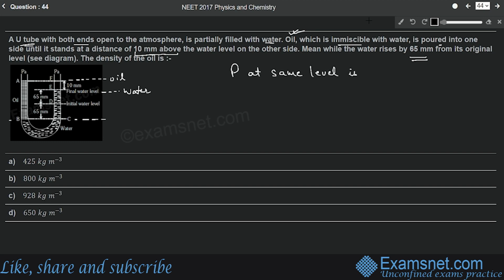So if we take pressure at point B as P1 and the pressure at point C as P2, then P1 will be equal to P2.